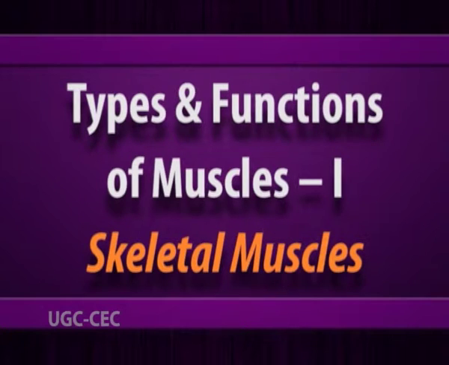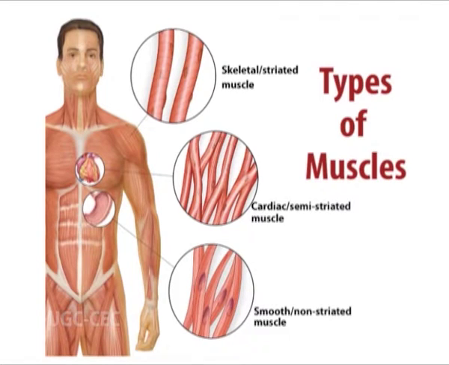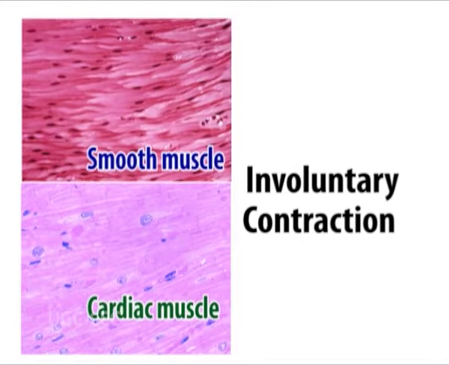There are three different types of muscle tissue depending on function and location in the body. In mammals, these are skeletal or striated muscles, smooth or non-striated muscles, and cardiac muscles, which are sometimes known as semi-striated. Smooth and cardiac muscles contract involuntarily without conscious intervention.